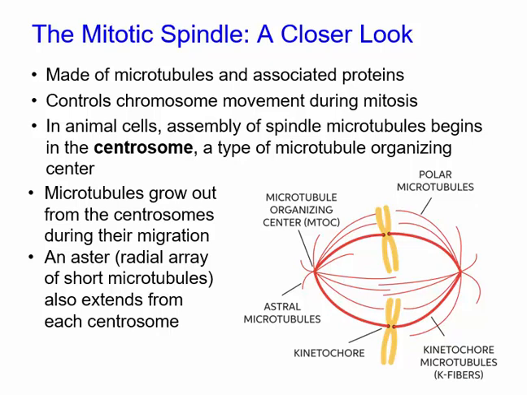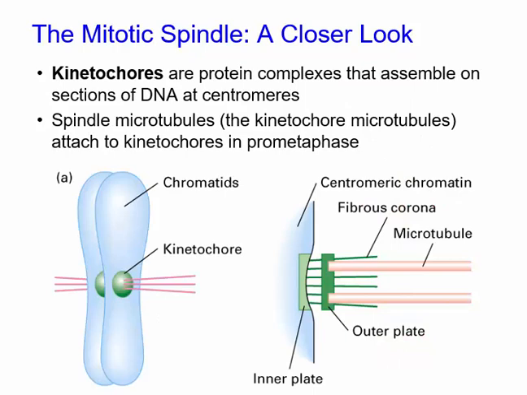Those centrosomes are those anchor points. So as we're seeing MTOC, microtubule organizing center here and here, and then those microtubules will attach to the sister chromatids, and this is going to help them separate, as we'll see shortly. The attachment of those microtubules occurs specifically at something called the kinetochore.